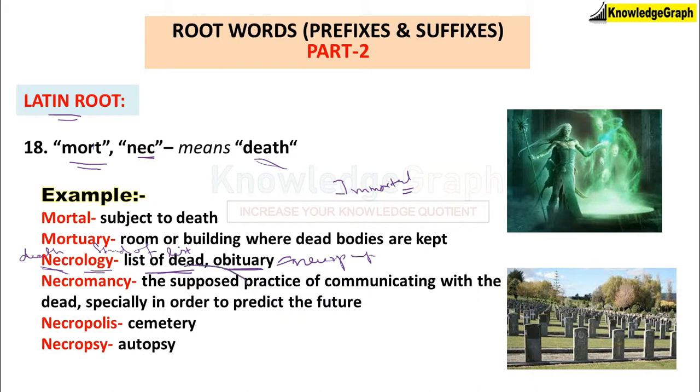Please note the word supposed practice. It is supposed that there are people who can communicate with the dead, and they can predict the future. Like this image over here, it represents necromancy. So remember, this is supposed, it's not a fact, it might be a myth as well. So we're not sure about that.